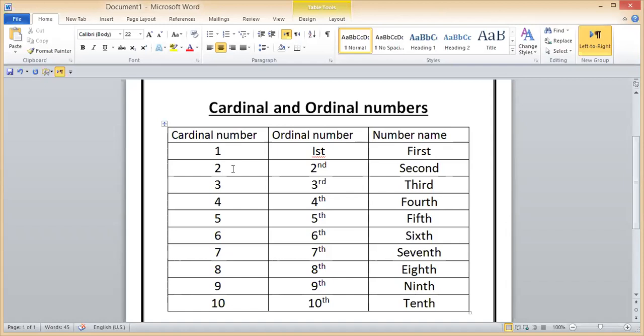You live on floor number 5. So 1, 2, 3, 4, 5. Floor number 5 means you live on the 5th floor. This is how you write it. Let's suppose someone lives at floor number 10. That means he lives on the 10th floor. This is how you will write. All right, guys.